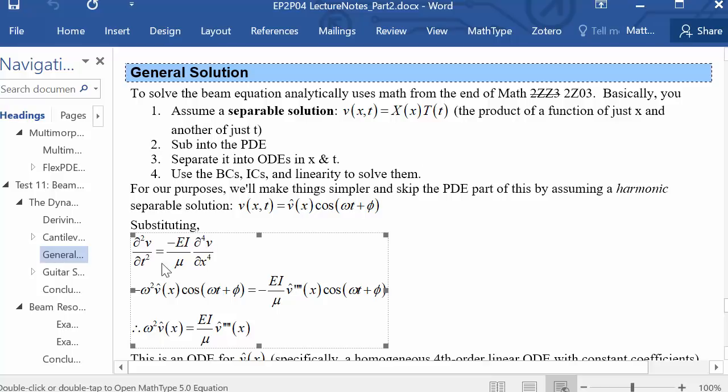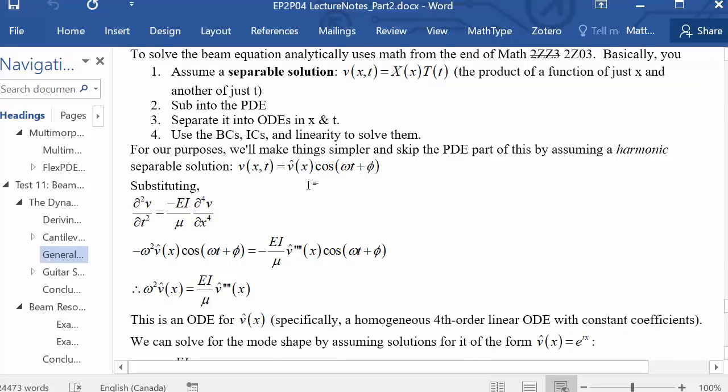But for this particular equation, we can instead just substitute in this assumed form, which is a harmonic solution. So we assume that it's cos of omega t plus phi for the time dependence, and then arbitrary spatial dependence v hat at x for the mode shape. So by substituting that in, you take two derivatives with respect to t of this, and you get negative the same thing times omega squared, and that's this.